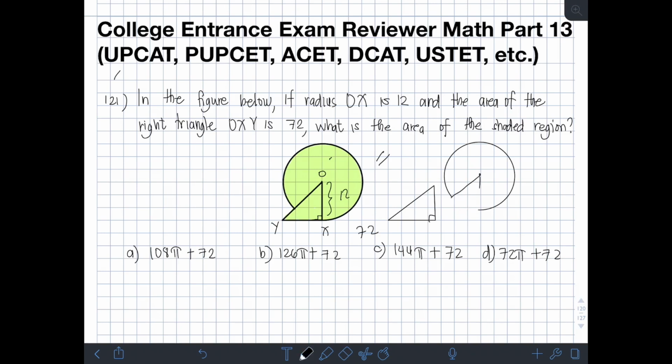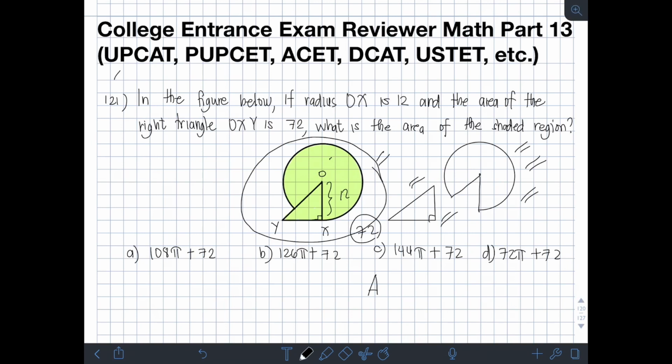So, parang ito lang yung area natin for circle. So, this area plus this area is equal to the area of the composite figure, right? So, kailangan nating mahanap yung area nitong partial circle tsaka area nitong right triangle. By the way, given pala yung area nitong right triangle na 72. So, ito na lang area nung partial circle.